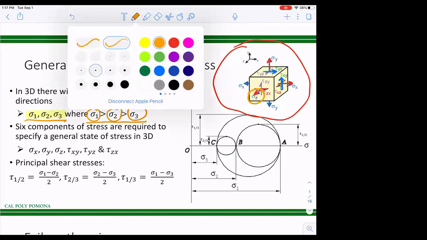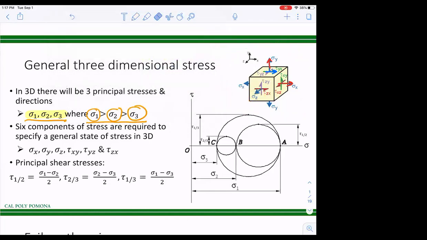Now, for our case, how many stress components do we have? You will see that for a 3D case, you're going to have 6 stress components. 3 stress components will be normal stress. So sigma x, y, z will be normal stress.